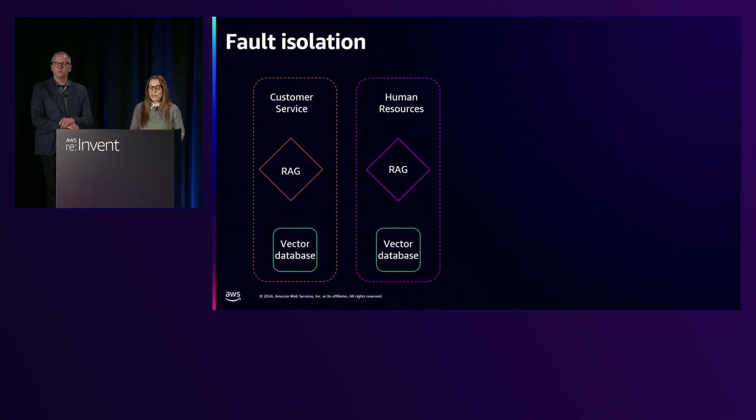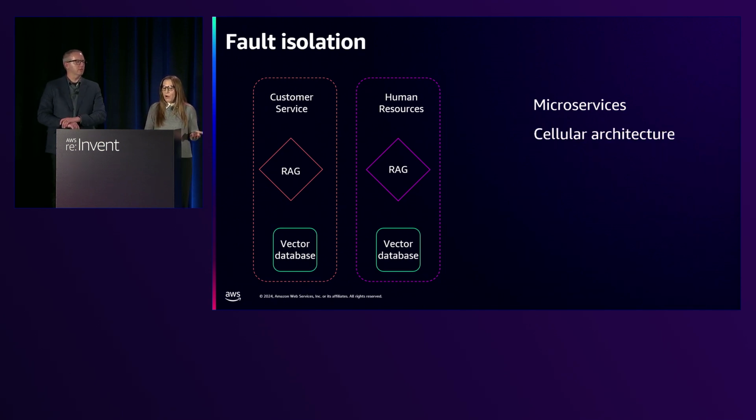So this can be achieved through various architectural approaches. We can do a microservices architecture, where each department's RAG application is a separate, independently deployable service. We can use cellular architecture, where we're grouping related services into cells, limiting the blast radius of any single failure.